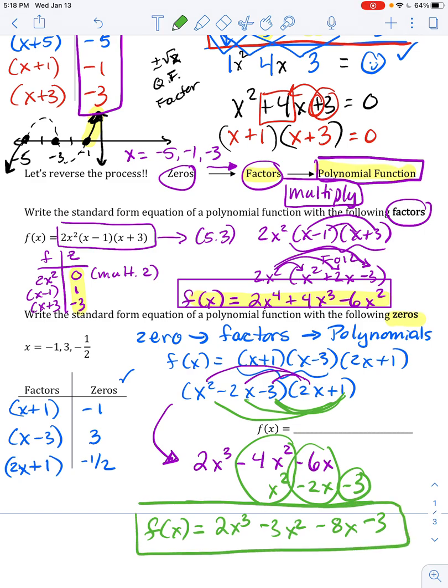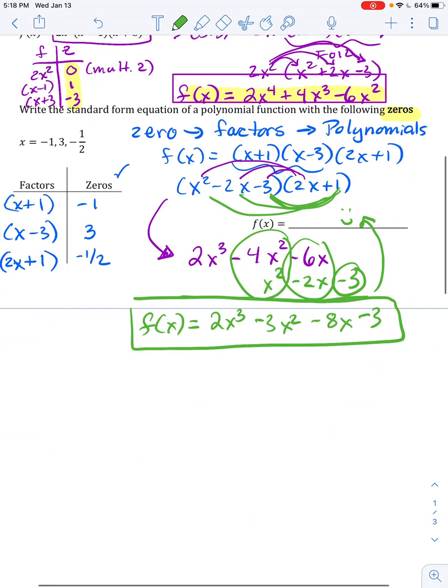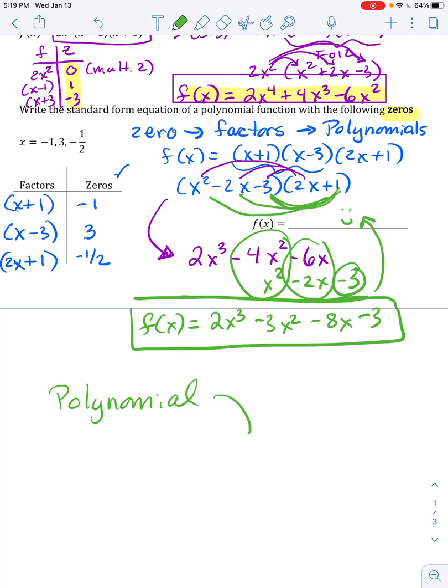So our goal really, and that goes up here in somebody else's smaller, neater writing, our goal is to just understand the fluid motion between, hey, if you give me the polynomial, I know how to use division, long division, synthetic division, or just straight up factoring to get my factors.